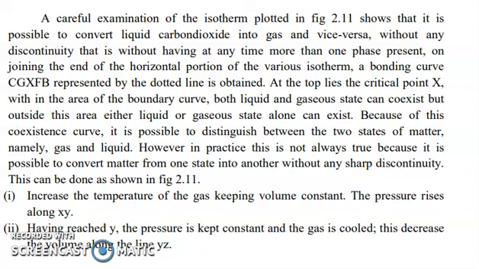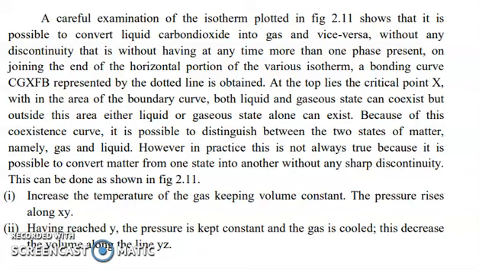However, in practice, this is not always true because it is possible to convert matter from one state into another without any sharp discontinuity. So this can be done as shown in figure 2.11. Increase the temperature of the gas keeping volume constant. The pressure rises along XY, and having reached Y, the pressure is kept constant.